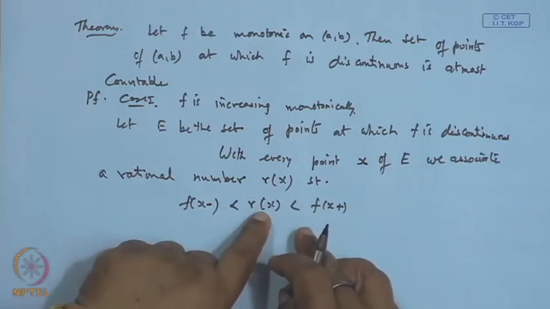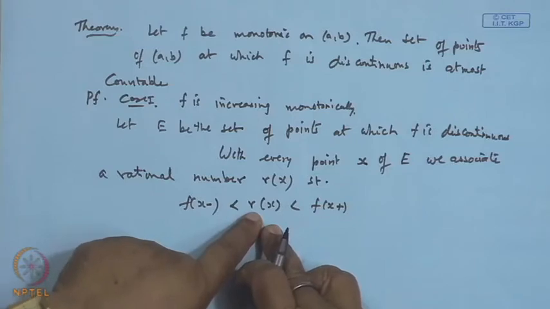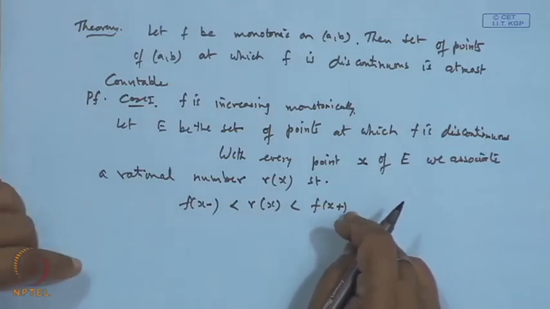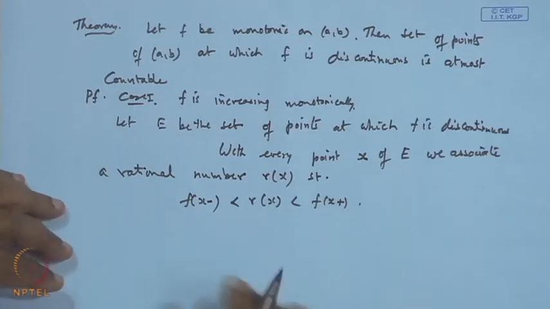So, we can identify a rational number in between, corresponding to each point.